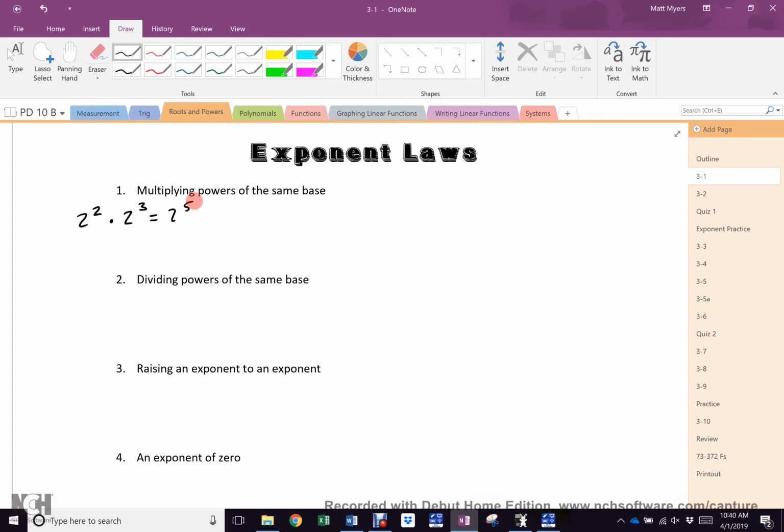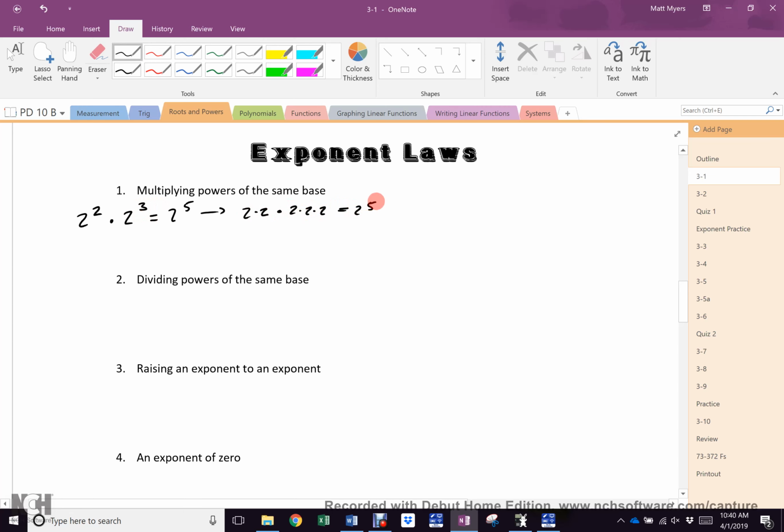It is infinitely more important from here on to know why that is true. Why that is true is because 2 squared is 2 times 2, correct? Then times 2 cubed, 2 times 2 times 2. There are 5 repeated numbers, so it is 2 to the 5th.